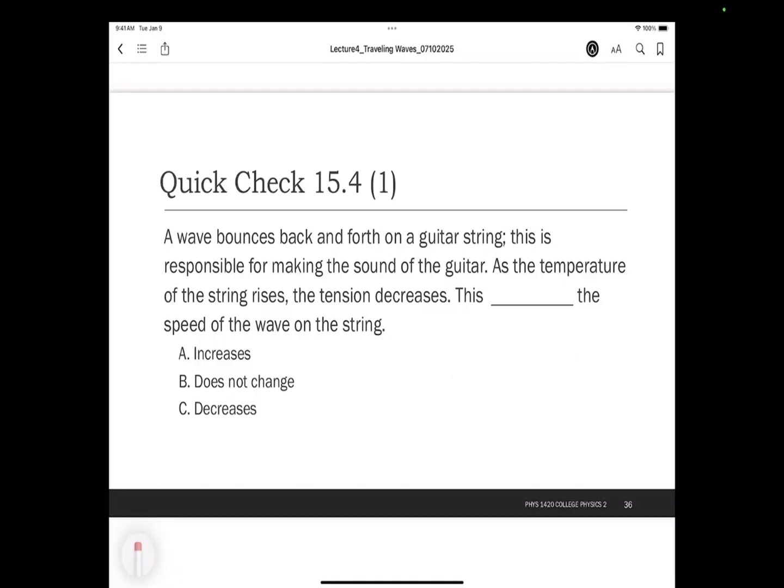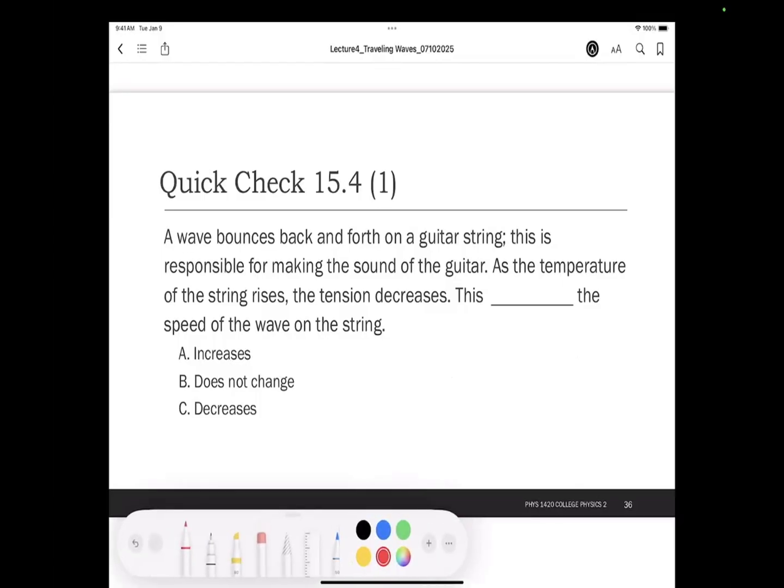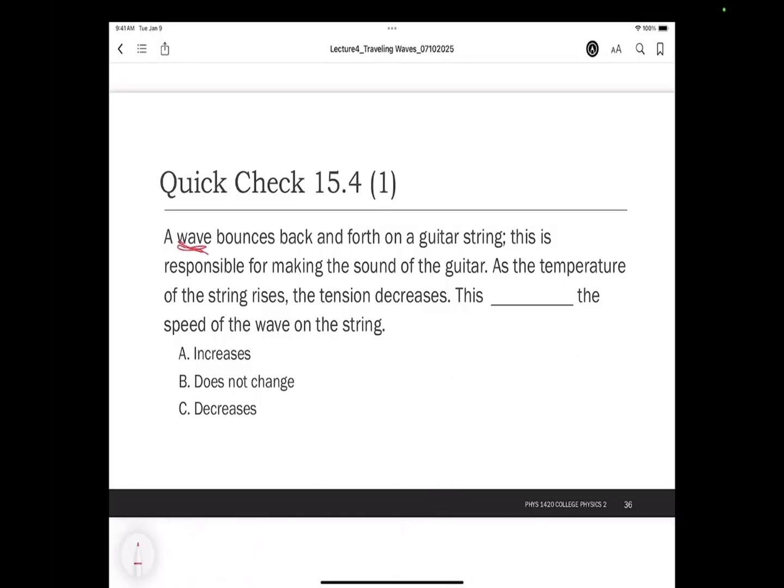This one is a little tricky. Here you can see there is a wave. It didn't tell you this is a sound wave, am I right? So it's just a regular wave, and the medium is a guitar string. So we need to use T, the tension, and mu, the linear density, so we need to use this equation.